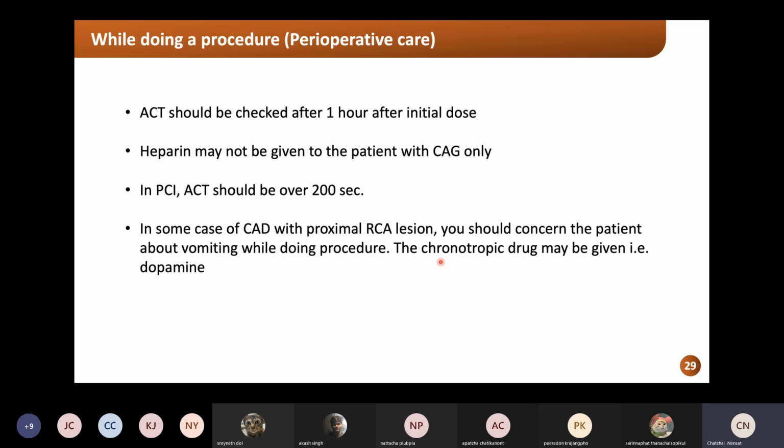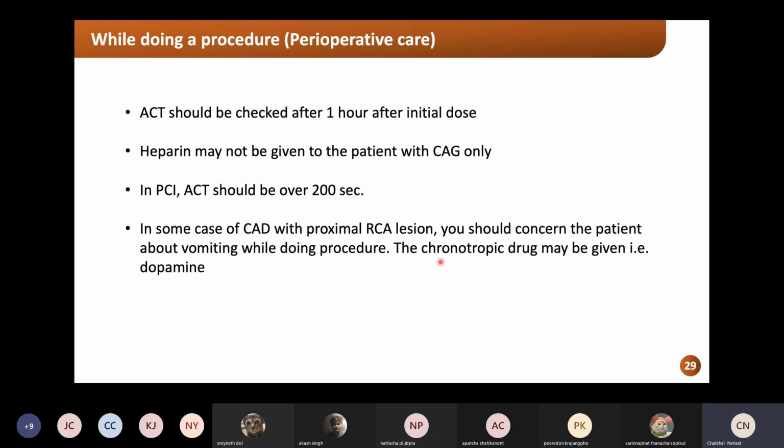In some cases of CAD with a proximal RCA lesion, like I told you, the RCA has a branch that perfuses the SA node, right? If there is a lesion on the RCA, the patient might feel like vomiting while doing the procedure, when we have to inflate the balloon a lot in the proximal RCA.